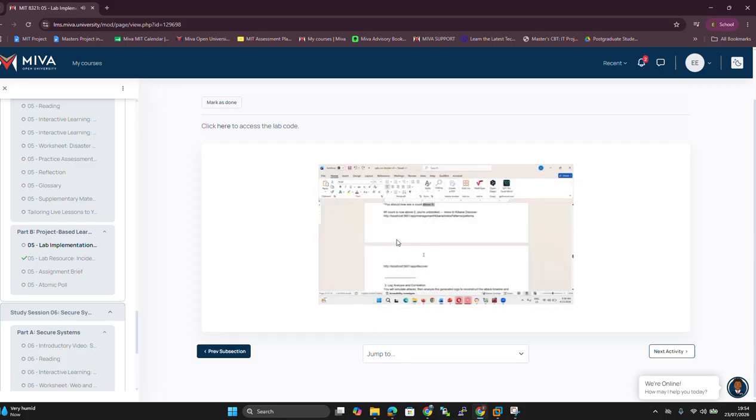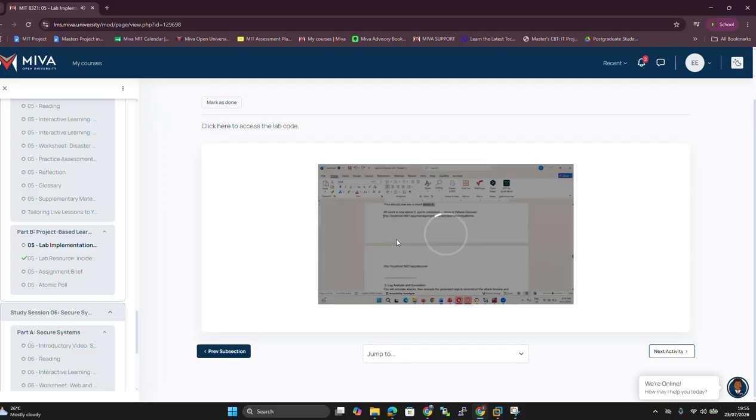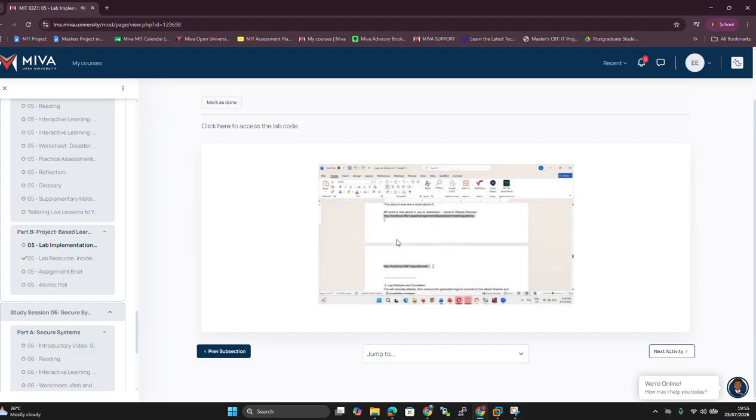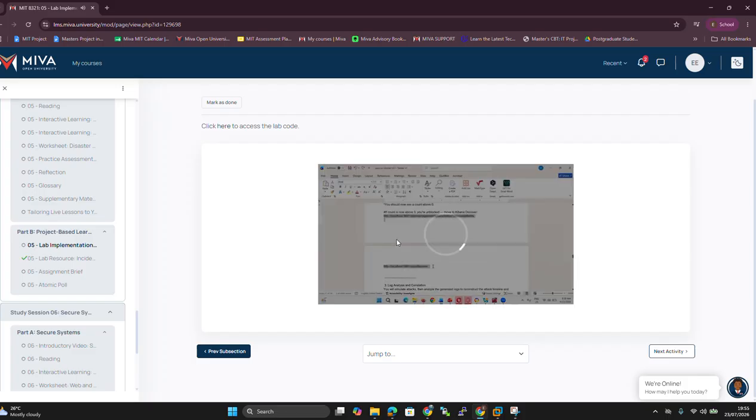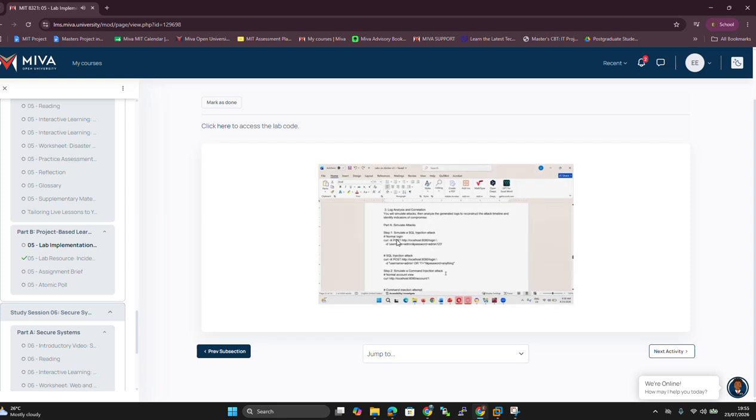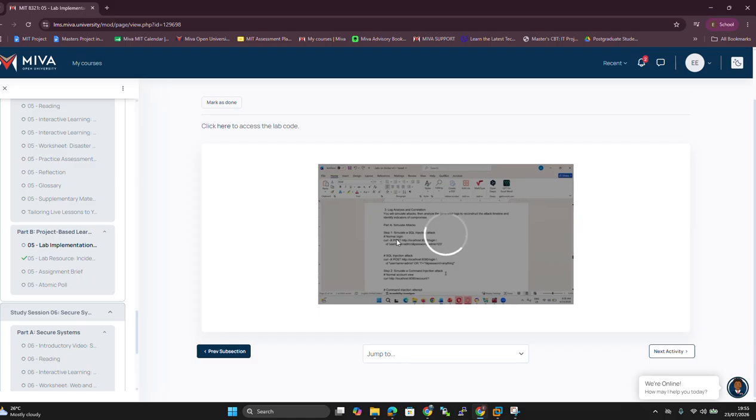But for any reason, if you discover that your count is still not greater than 0, then run these commands in your terminal, and your count should be greater than 0.